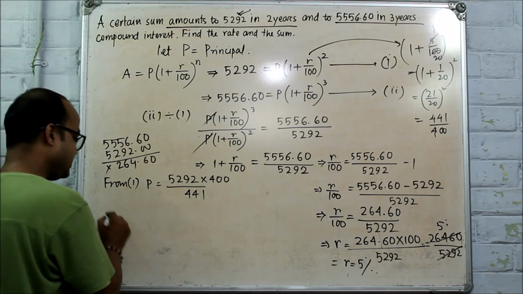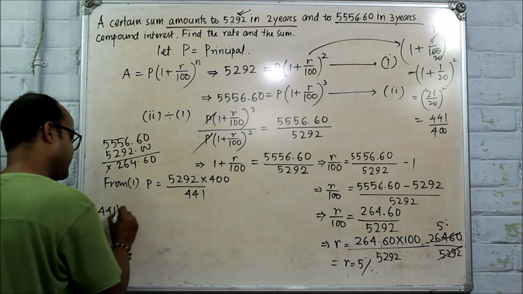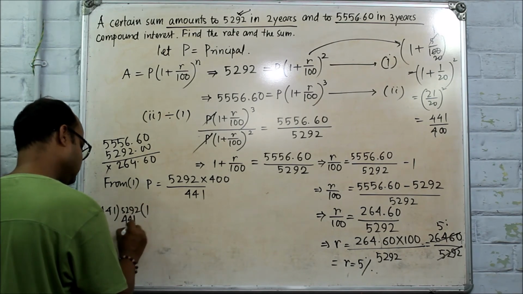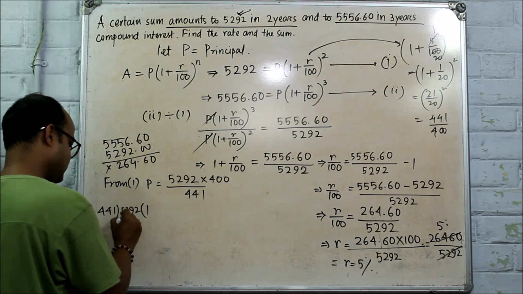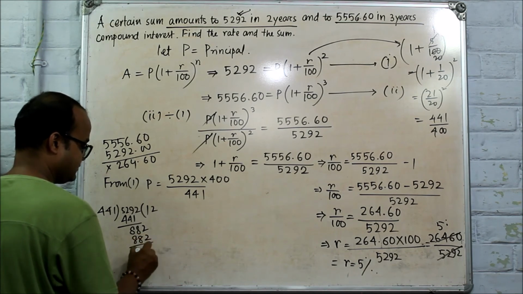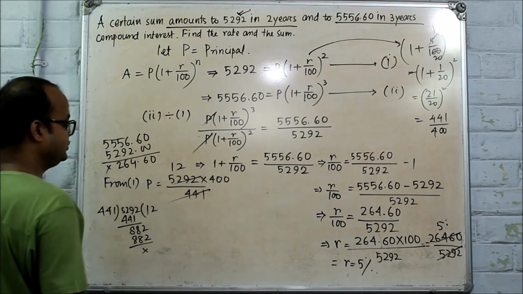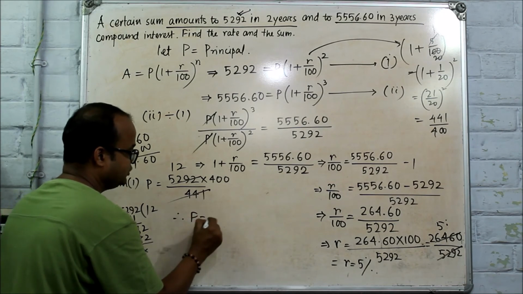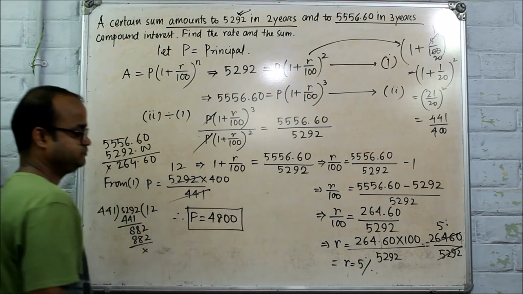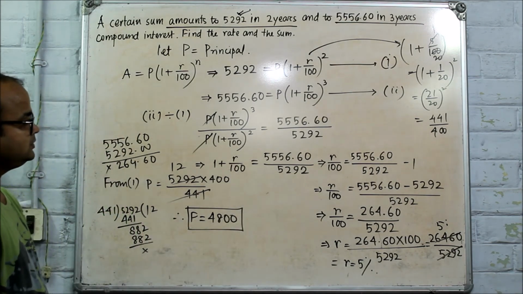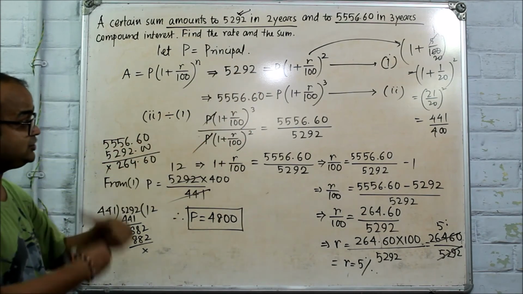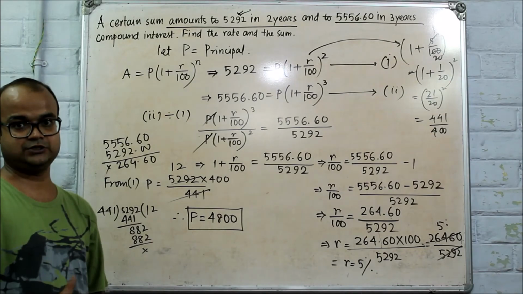Now cancel out 441 divided by 5292. See, it will get directly cancelled with 12. Therefore, P is equal to 4800.